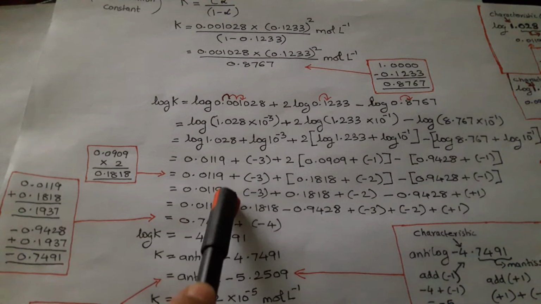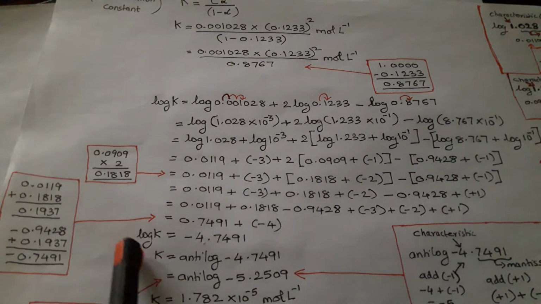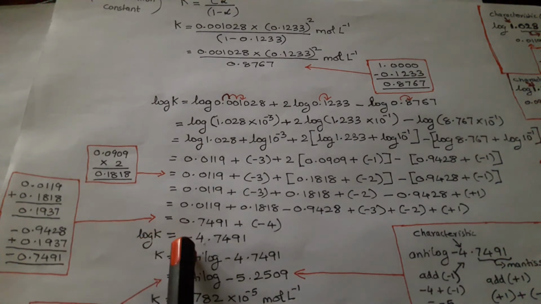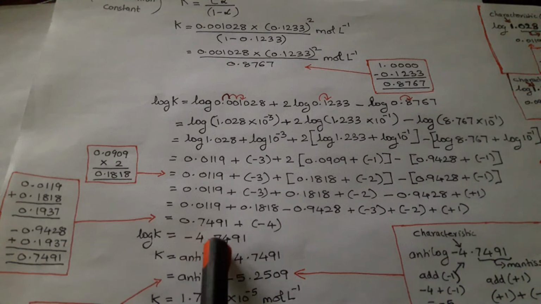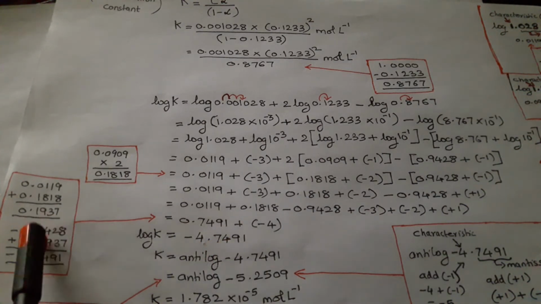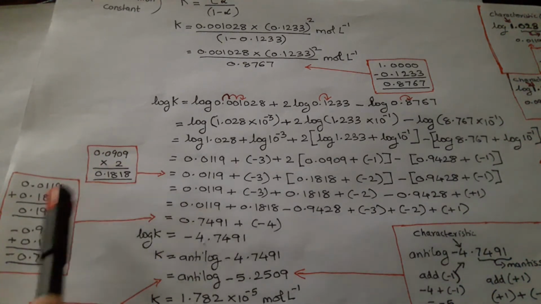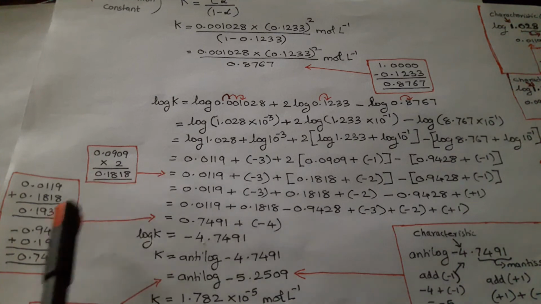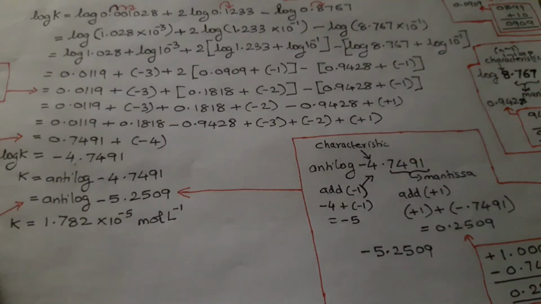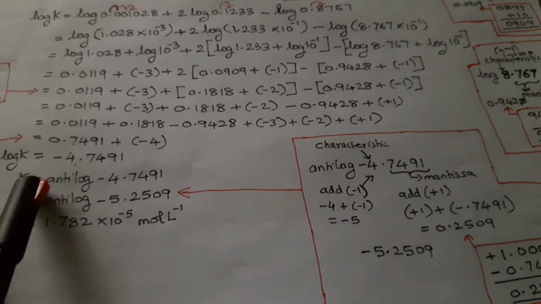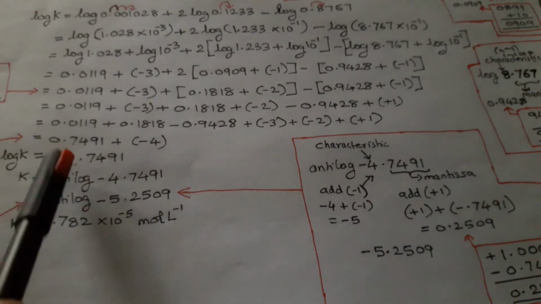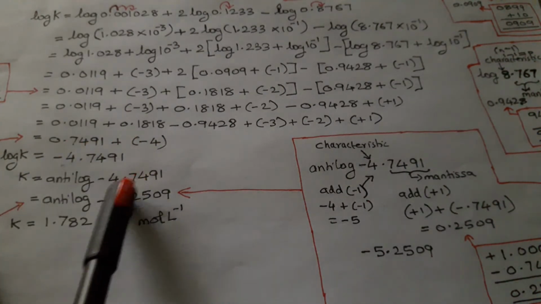After solving all these steps, we get log of k is equal to minus 4.7491. The steps of calculations are also shown here in the boxes for the respective steps. To find k, we have to write it as anti-log of this negative number.